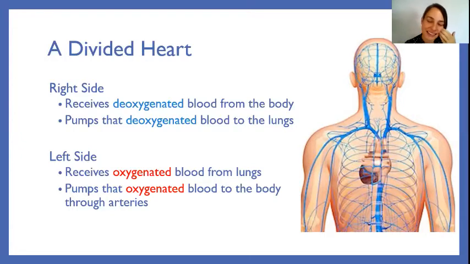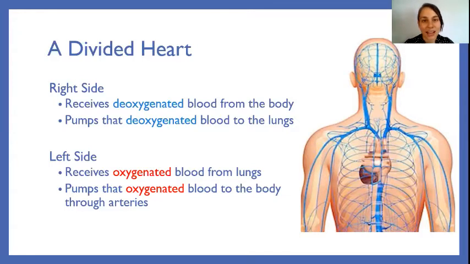Now, once it's done with the pulmonary circulation, the blood has become oxygenated and it's going to go back to the left side of the heart, where it then moves into that lower portion and gets pumped out to the entire body in systemic circulation. Blood then uses up its oxygen, giving it away to all of your tissue cells, comes back into the right side of the heart, pumped out to the lungs, comes back to the left side.